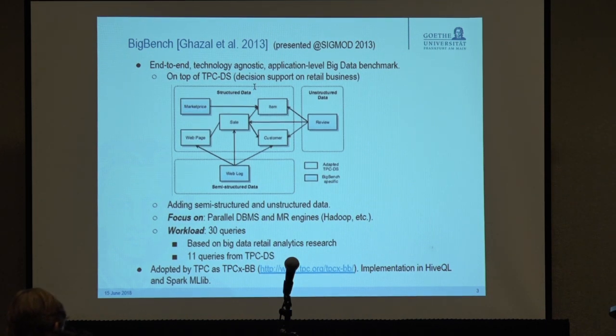However, since it's a big data benchmark, additionally the unstructured data, the reviews, were added, and then also the semi-structured data, basically to represent a variety of data. And then the benchmark consists of 30 queries. As I mentioned, 11 were from TPC-DS, and the others were new ones representing analytical workloads.